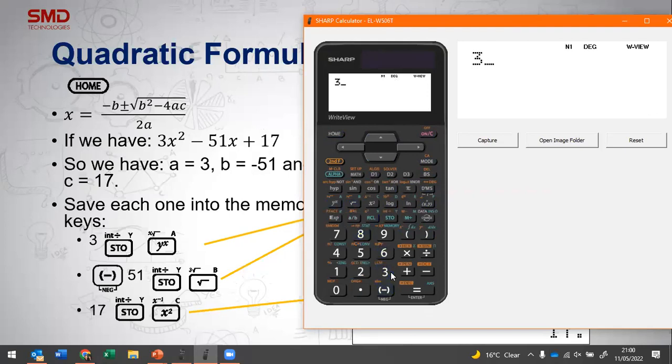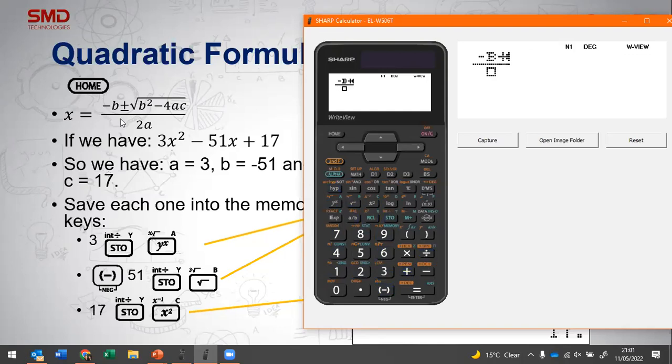So we're going to have 3 and we're going to store it into a, -51 and store that into b, and 17 and store that into c. Okay, then what we would do is type in x is equal to the quadratic formula. So we'd have negative, and then to make a b we say alpha and our memory button.